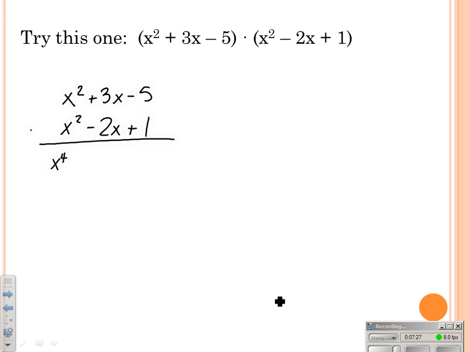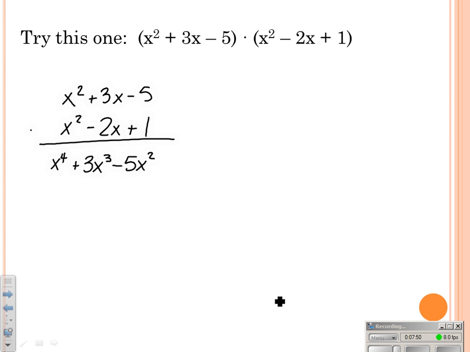So x squared times x squared is x to the 4th. x squared times 3x is positive 3x to the 3rd. x squared times negative 5 is negative 5x squared. So you sent the x squared through the entire top row. You're done with that one. Move on now to the negative 2x. Now, just like you used to move over to the left one spot, we're going to move over to the right one spot.